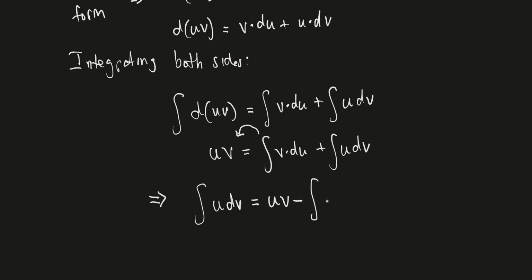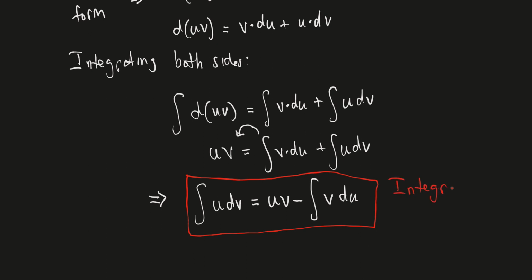So the integral of u dv is equal to uv minus the integral of v du. And this is the famous, or sometimes infamous, integration by parts formula. It just looks like an alphabet soup, right?